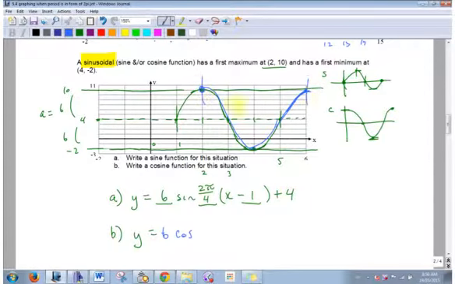No, that's still 4 units, if I can count. 1, 2, 3, yes it is. Okay, does the vertical displacement change? That's still the midpoint of this wave. The only thing that changes is the phase shift. And in this case, it's +1?